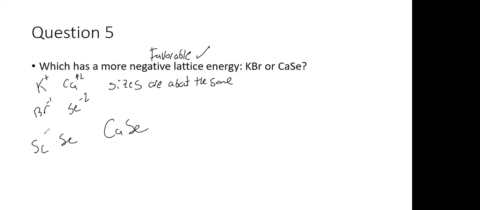So scandium, let's say, usually only has a +1 charge. The CaSe would have a more negative lattice energy because of the charge. So you can't just look at the positions. You have to know the charges.